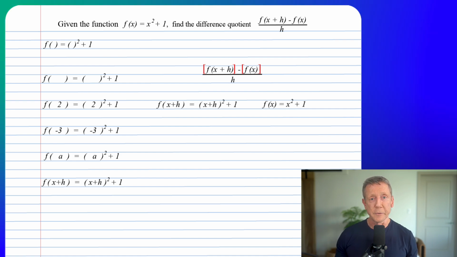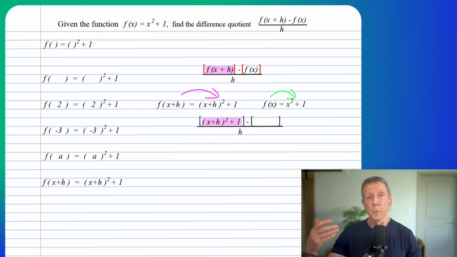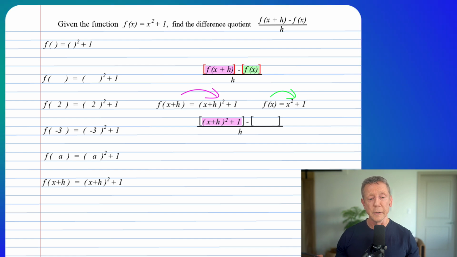We know that f of x plus h is x plus h quantity squared plus 1 because we just found that. And we're given that f of x is x squared plus 1. So in the numerator where you see f of x plus h, just remove that and put in x plus h quantity squared plus 1. On the right side of the numerator where you see f of x, just remove that and put in x squared plus 1. At this point, the difference quotient is set up and it's done.